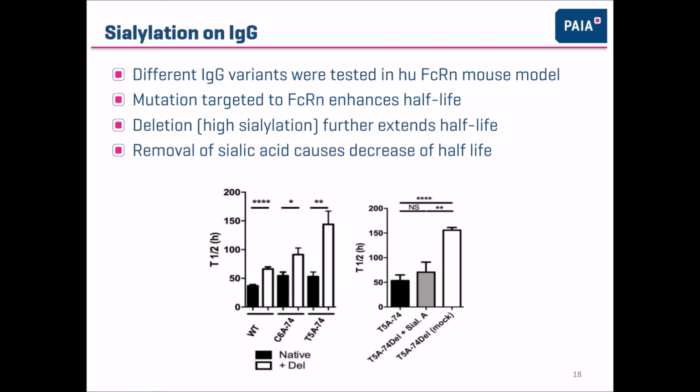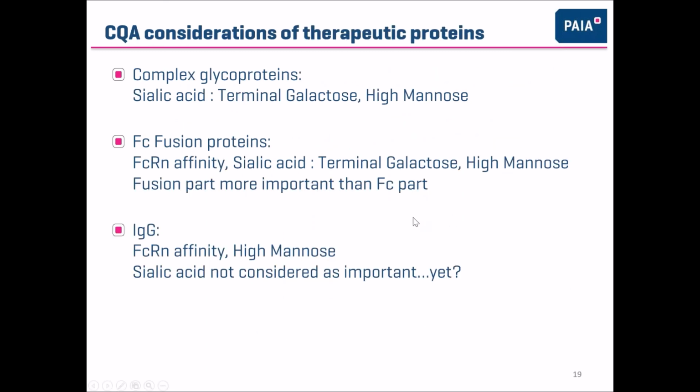So if we kind of summarize these slides and the effects that the different types of glycans, especially sialylation, have, we can come up with the following conclusions. So if we're looking at complex glycoproteins, the main parameter that one wants to look at is the ratio of sialic acid versus terminal galactose, and to a much lesser extent what happens with regards to high-mannose.